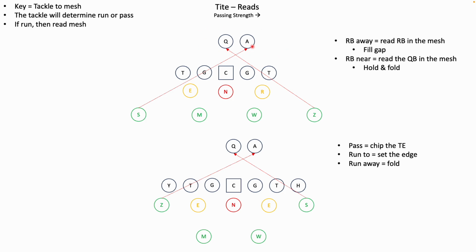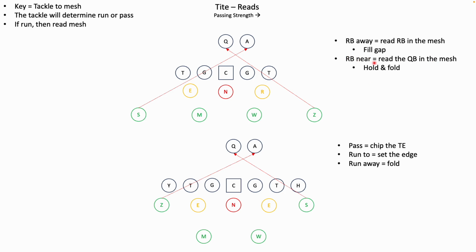Let's talk about what happens if the quarterback hands off. If the quarterback hands off the ball to this running back, you are going to fold down the line, which just means you're going to shuffle down the line and wait for the running back to cut back. If the running back cuts back, that's your responsibility. So again, if the running back is near and the quarterback hands the ball off to the running back, you are just going to fold down the line looking for the cutback.